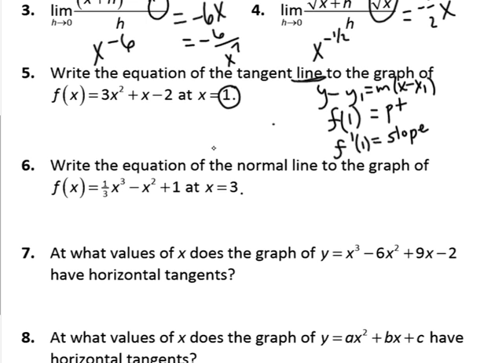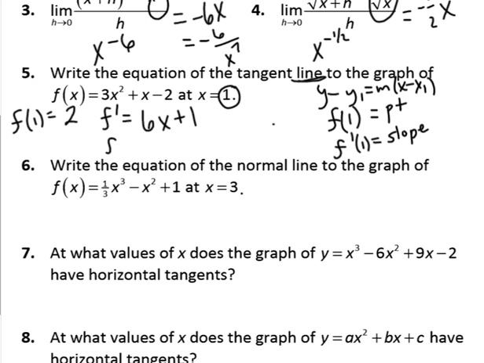So I'm going to first evaluate f of 1. If I plug in 1 here, that'd be 3 plus 1 is 4 minus 2 is 2. And then we need to find f prime of 1. So first I'm going to find f prime. Applying power rule, the derivative of 3x squared is 6x plus 1.